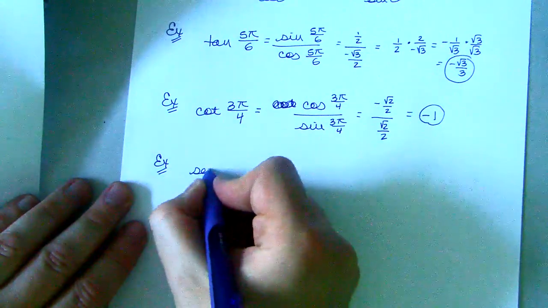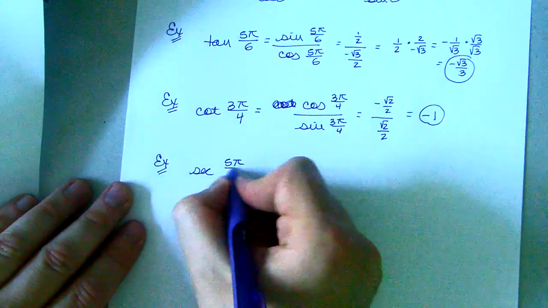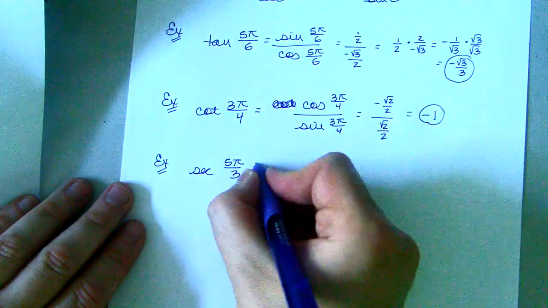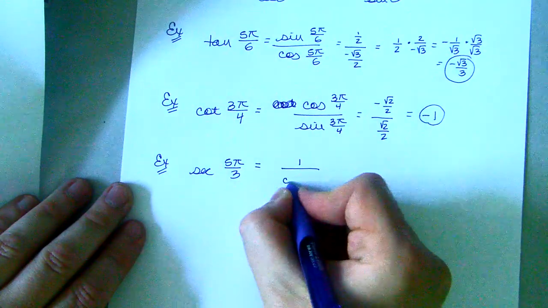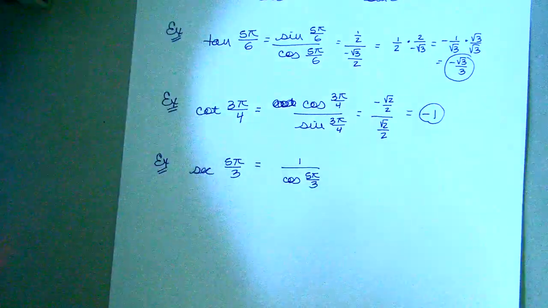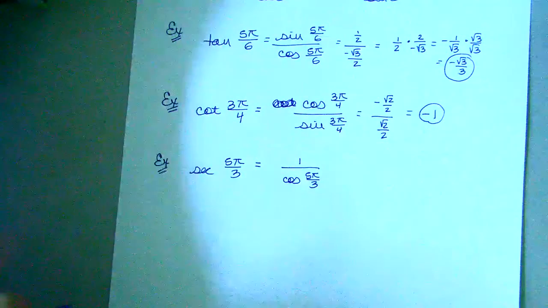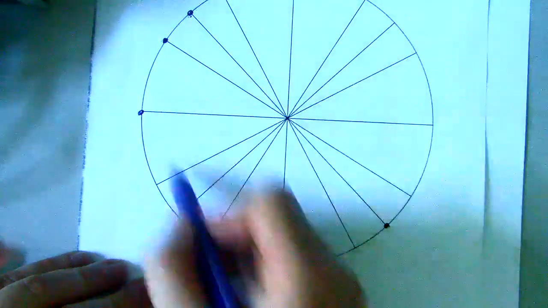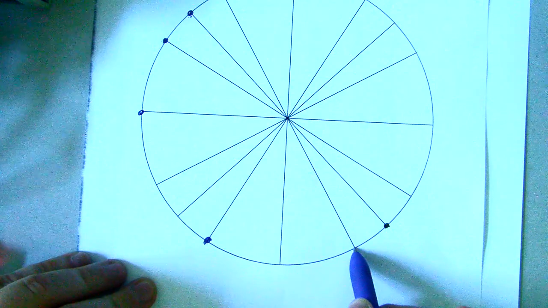The secant of 5π/3. The secant of 5π/3 is the same as doing 1 over the cosine of 5π/3. So all we need to do is find our cosine. Okay, well, 5π/3, that's the angle over here.